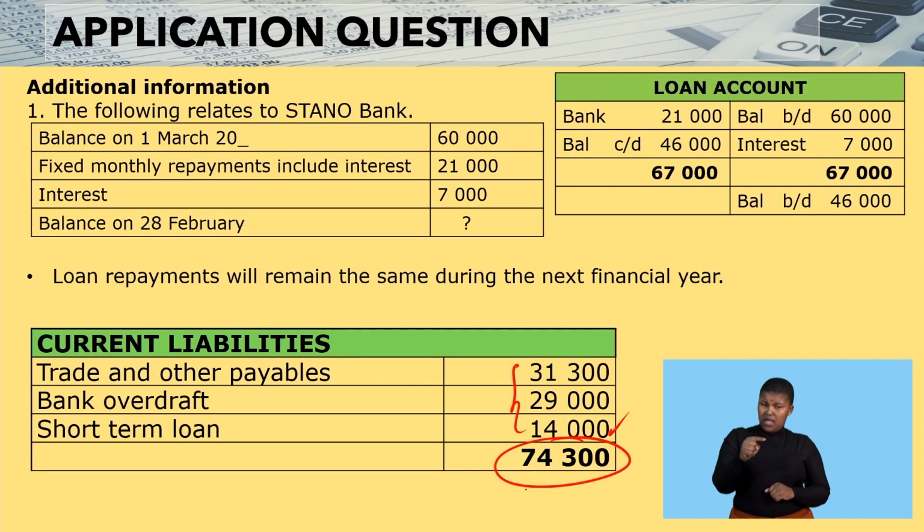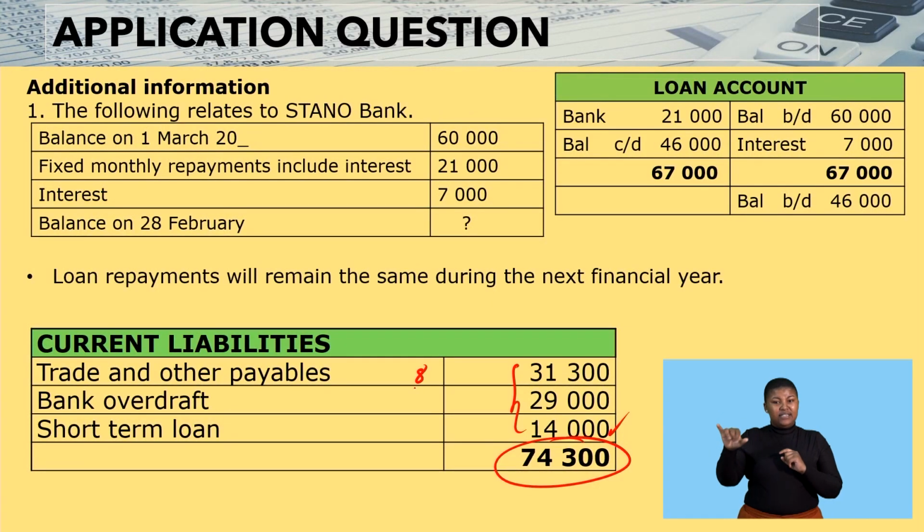That becomes the total of my current liabilities. Remember, we're preparing the statement of financial position, and under my liabilities, I have my non-current liabilities, but I also have my current liabilities. And in there, I have my trade and other payables, note 8, my bank overdraft, as well as my short-term loan.